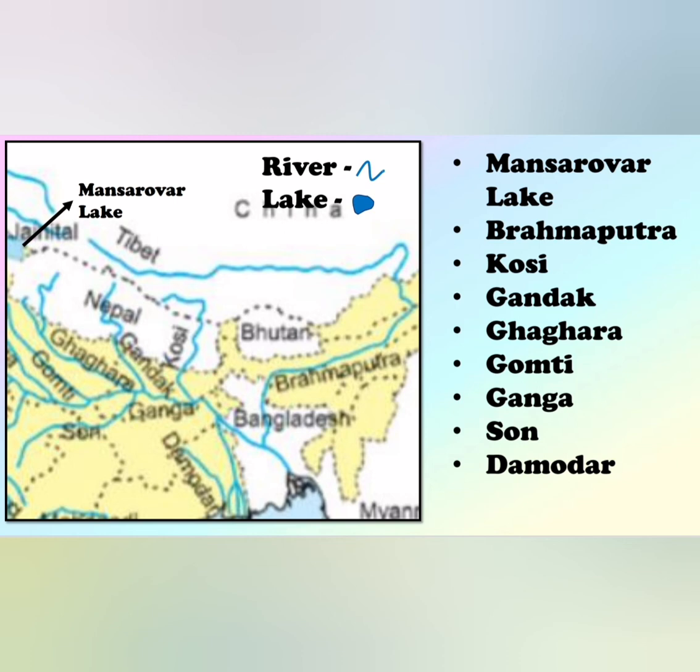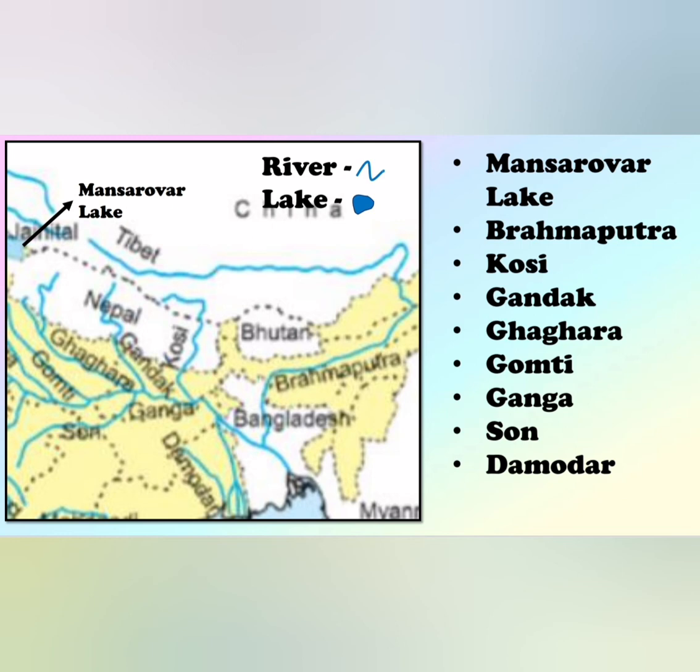Then we have the rivers Kosi, Gandak and Ghaghara flowing in from Nepal. Below Ghaghara we have the river Gomti. Below Gomti we have Ganga and Son river, and below Ganga we have the Damodar river.